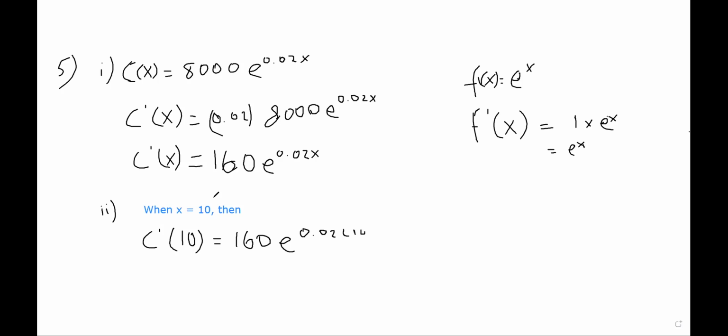Oh, it's not correct at all. All right, our x is equal to 10.